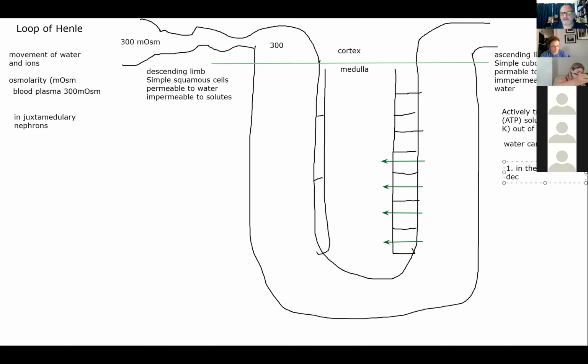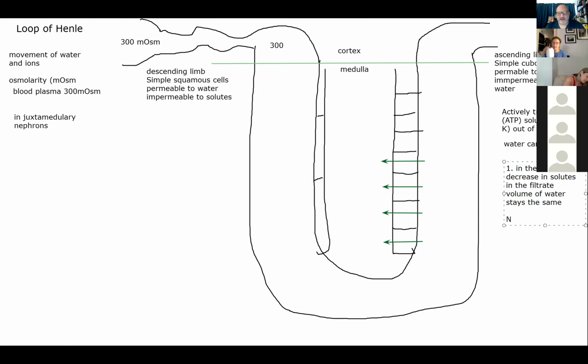So we have a decrease in the solutes in the filtrate. But what happens to the amount of water that's in the filtrate? Does it stay the same? Does it go up, or does it go down? Stays the same. Yeah. So we have the same amount of water, but less stuff in it.